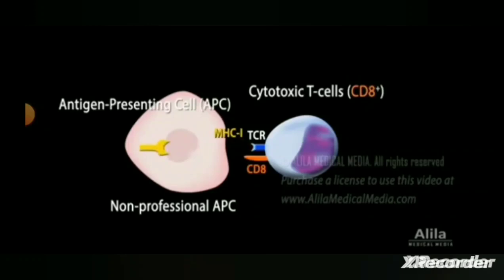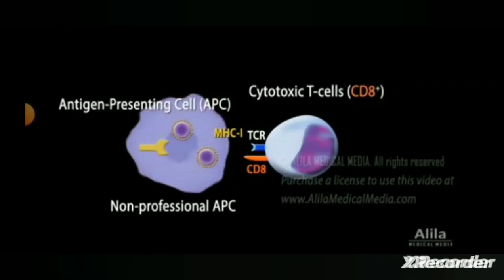They pick up pieces of peptides and display them on the surface. If a cell is affected with a virus or is cancerous, then the antigens are displayed by MHC molecules on the surface of the cell.